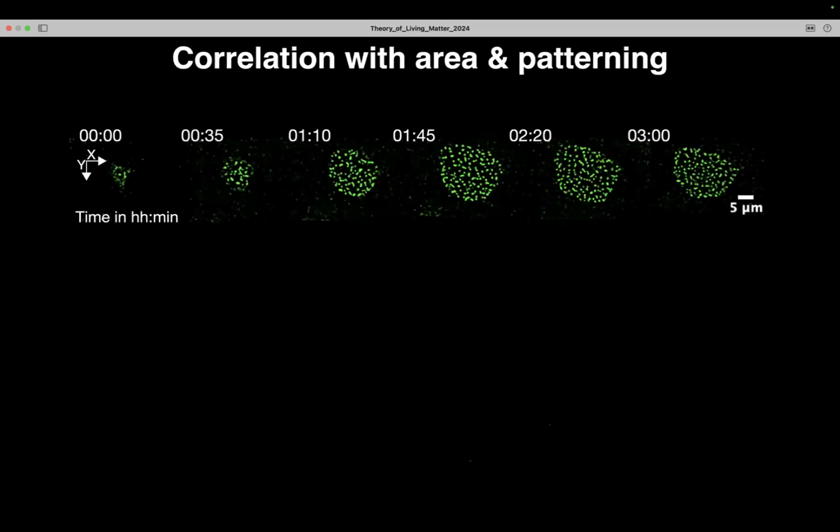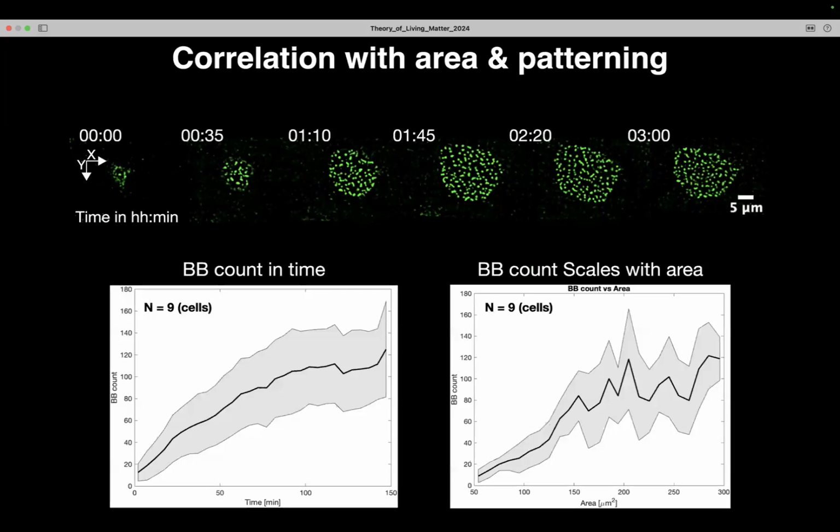All right, so what is also very interesting when we talk about the spreading and patterning of basal bodies is that there's a very strong correlation between the number of basal bodies and the size of the apical domain.